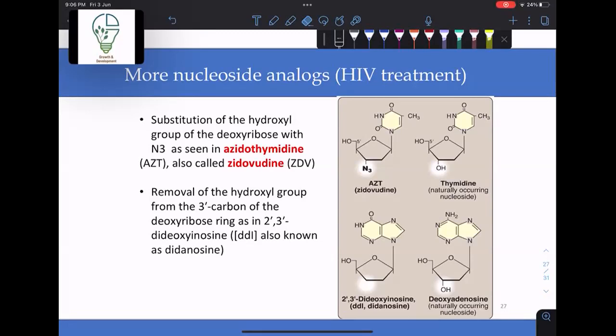So they go to the hydroxyl end, which means the OH end of the third carbon, so this one. They bind there and basically stop the DNA replication from there on forth. So the viral DNA cannot replicate anymore, and it just dies.